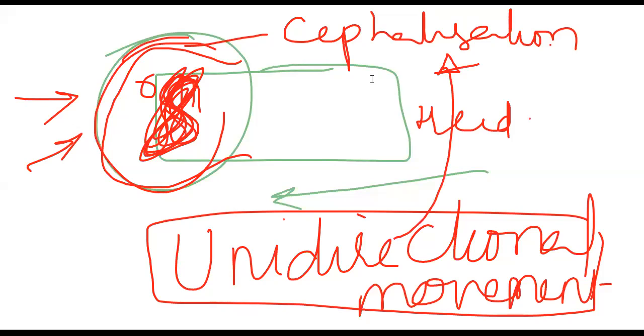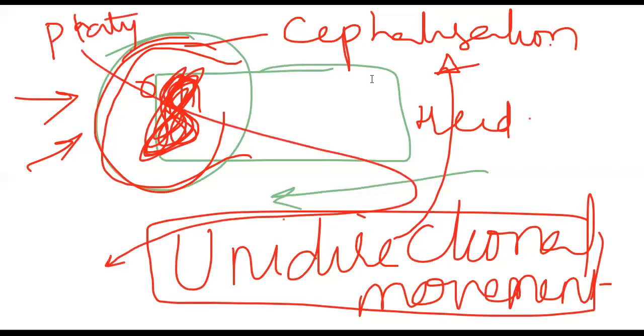That means the basis for bilateral symmetry is that we begin from phylum Platyhelminthes, isn't it? We start from phylum Platyhelminthes, the development of bilateral symmetry. So who is the last in the series? Chordata.